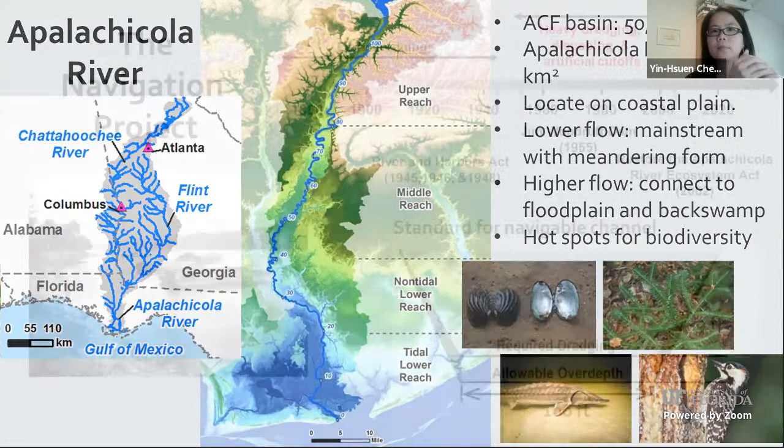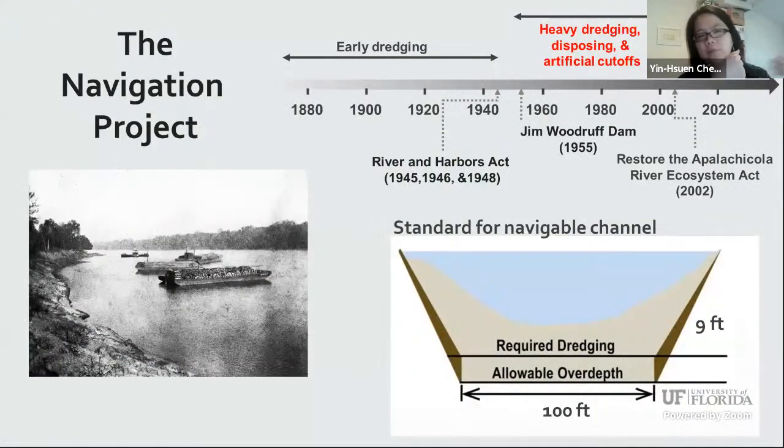Human beings have been living along the Apalachicola River for a while, but not until the 1950s did federal dams start being built, in 1955. The US Army Corps of Engineers also came out with a really ambitious navigation project. The main goal was to maintain a navigable channel so cargo boats could go through the entire river.